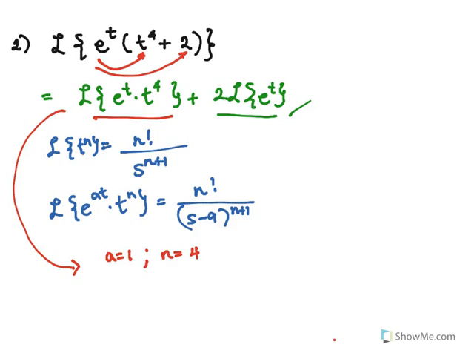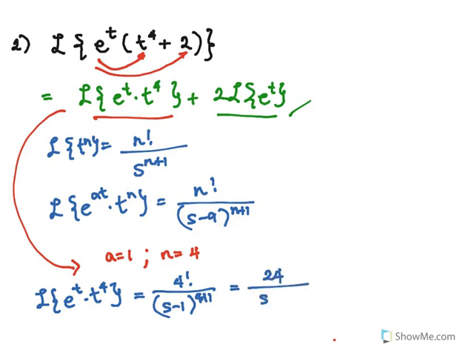So the Laplace transform of the first term is 4 factorial over s minus 1 raised to 4 plus 1. 4 factorial is 4 times 3 times 2 times 1, that's 24, over s minus 1 raised to 5.